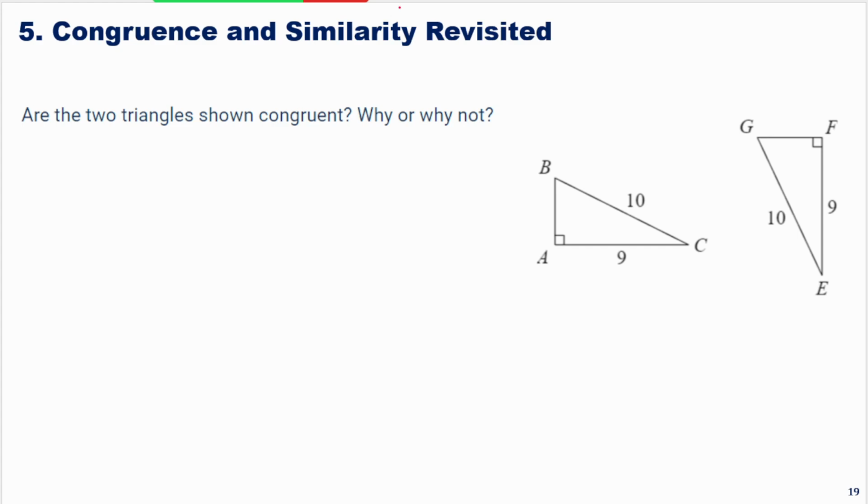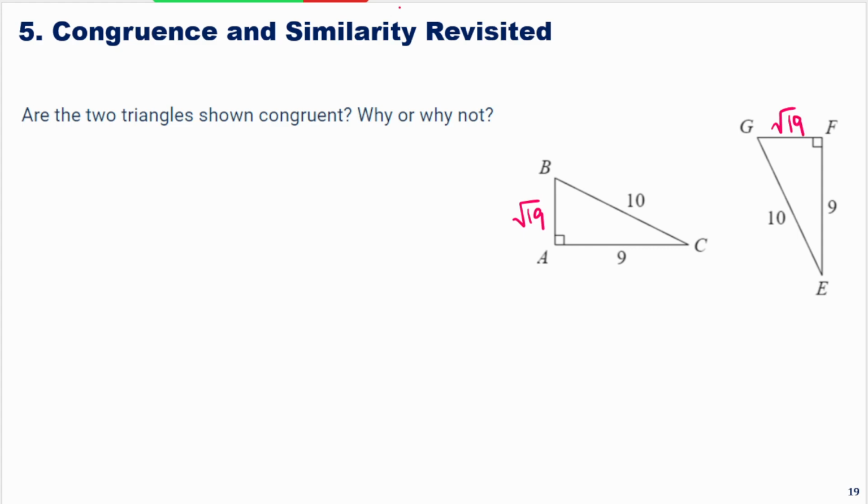However, if we note that the angles that are equal are right angles, then things become different. We can use Pythagoras' theorem to find AB and FG in both cases, right? In both cases, the length is the square root of 100 minus 81, which is the square root of 19.